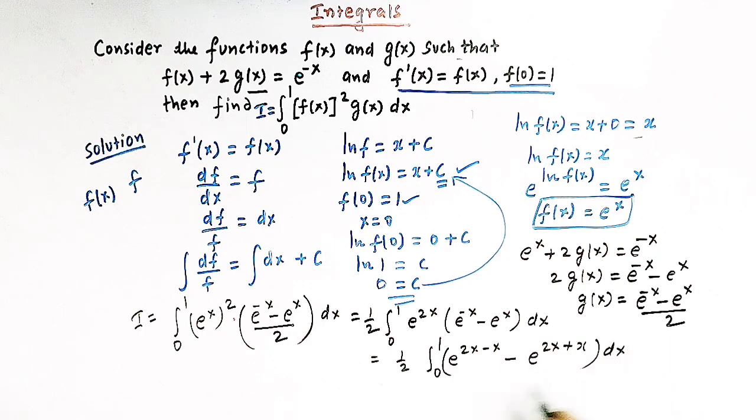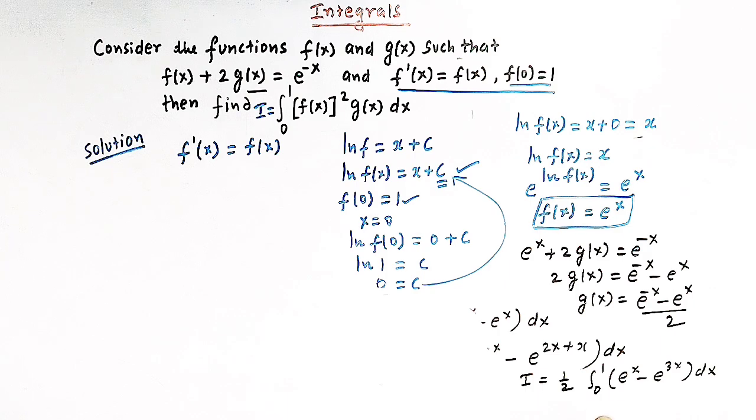Okay, so now we can write this integral as half, and we have 0 to 1, and e raised to 2x minus x is simply e raised to x, and here we have minus e raised to 2x plus x is e raised to 3x, and here we have dx.